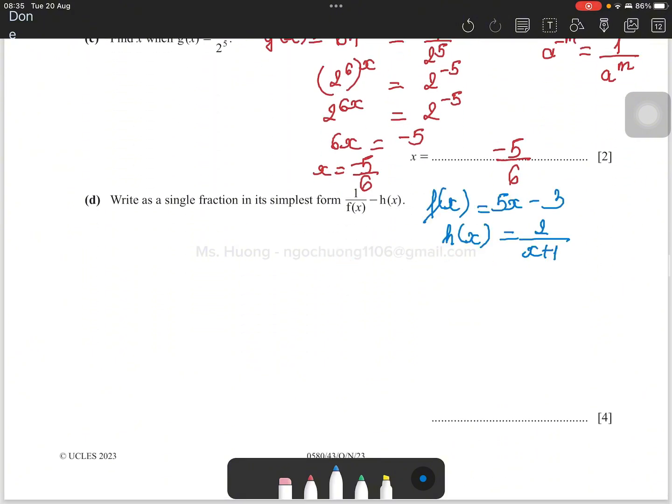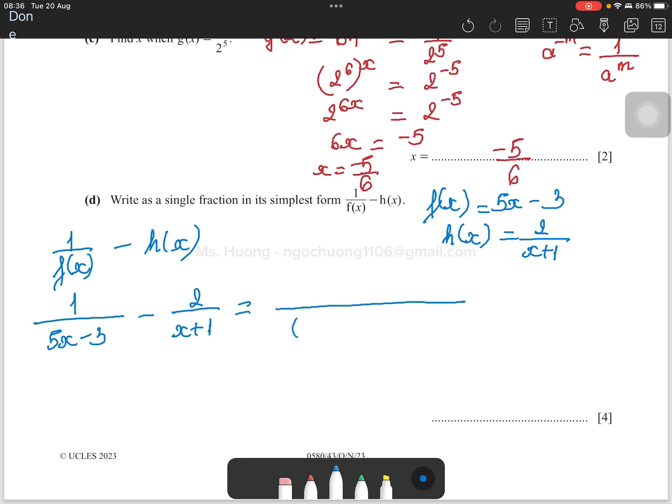So 1 over f of x minus h of x is equal to 1 over 5x minus 3 minus 2 over x plus 1. Now, the denominators are not the same, so we need to write them with a common denominator. 5x minus 3 multiplied by x plus 1.